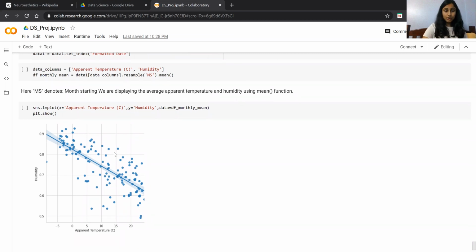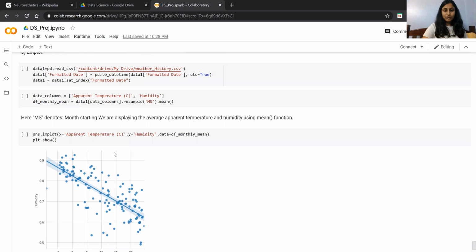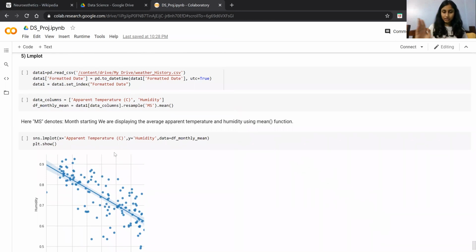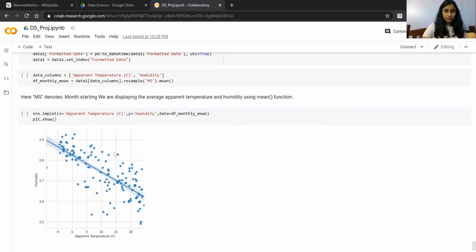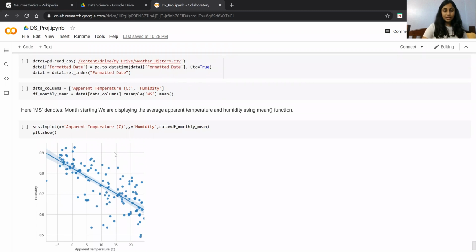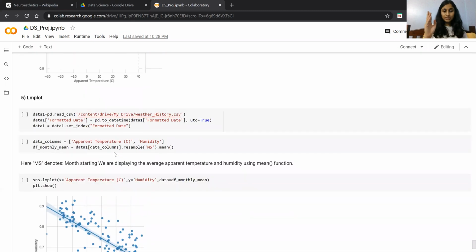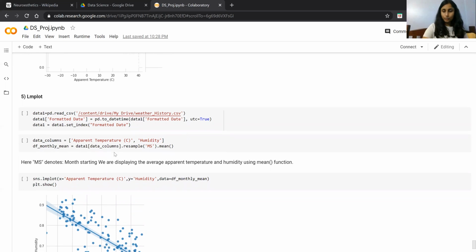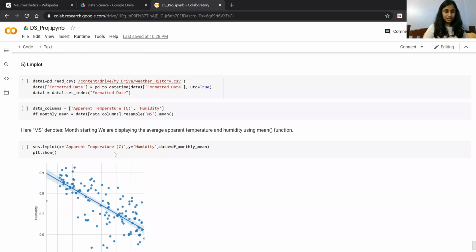MS over here denotes the month starting. So what we've done is we've used the starting of every month. We've taken the mean of apparent temperature and humidity from these columns respectively, and we've used MS in order to calculate the mean for the two columns, apparent temperature and humidity.